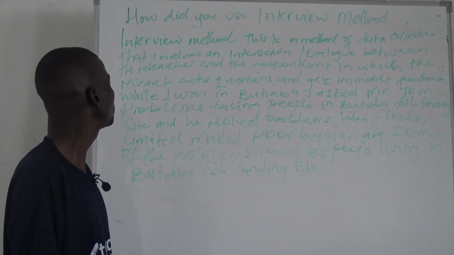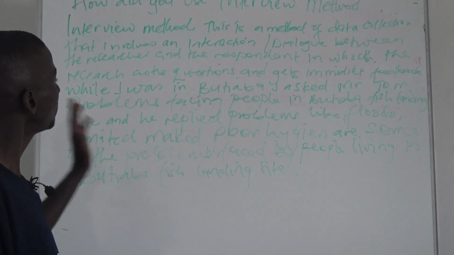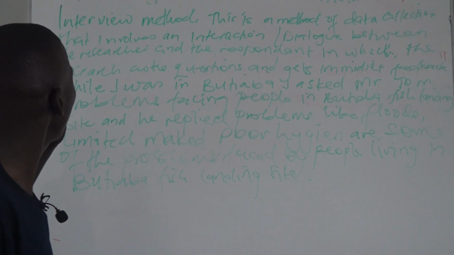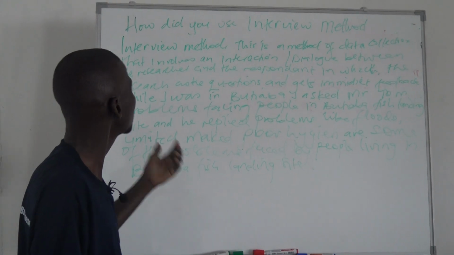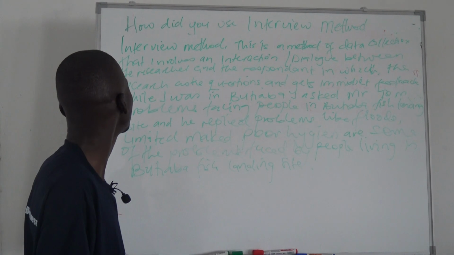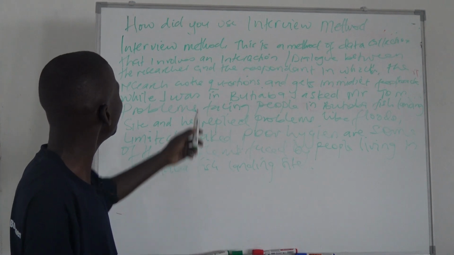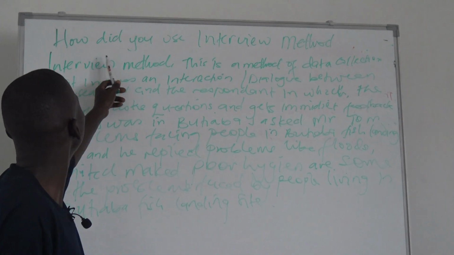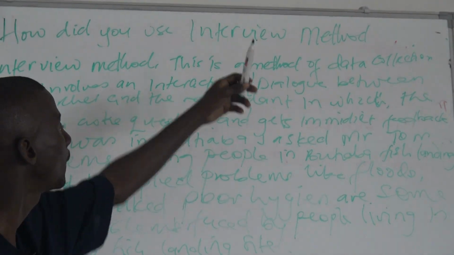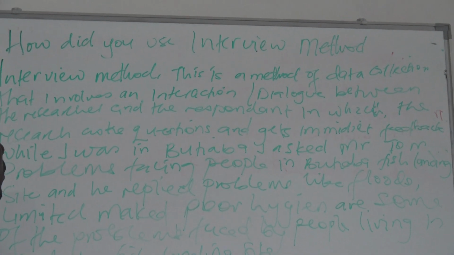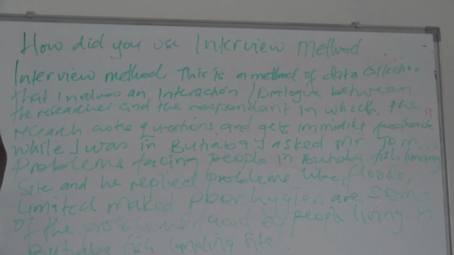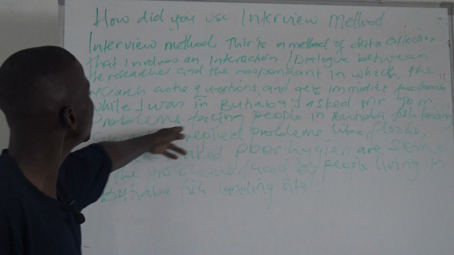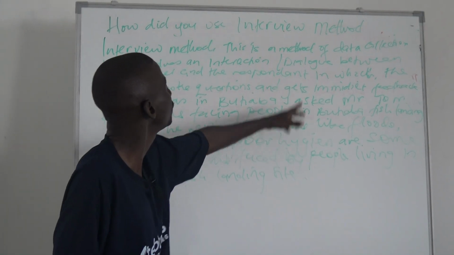At the same time, avoid repeating words when you are explaining how the method was used. Say for example, you cannot say this is a method of data collection that involves an interview. When you bring an interview here in your definition, the method becomes wrong. At the same time, I was in Butiama, I interviewed.